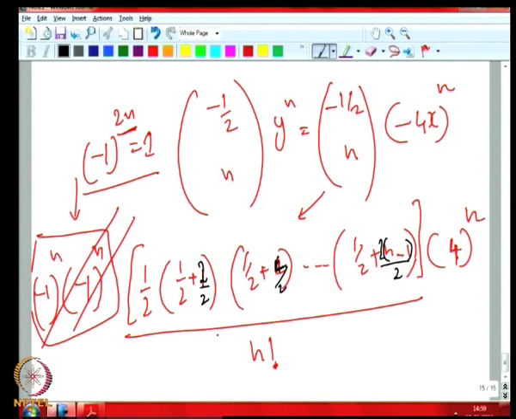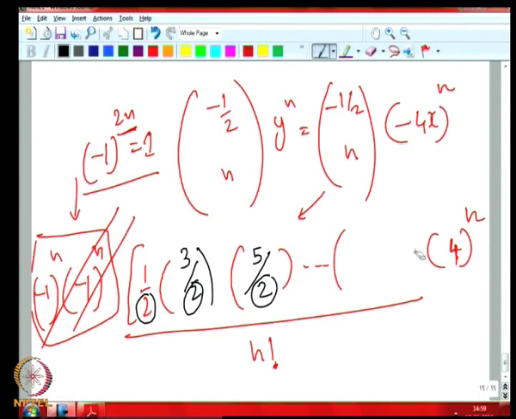So, how does it help me? Because I have a 2 here from this term, I have half plus 2 by 2, which I can write as 3 by 2, right, and there is a 2 here, and then this is half plus 4 by 2, which I can write as 5 by 2. So, which is here, and this can be written as 2n minus 2 plus 1, that is 2n minus 1 by 2, like this.